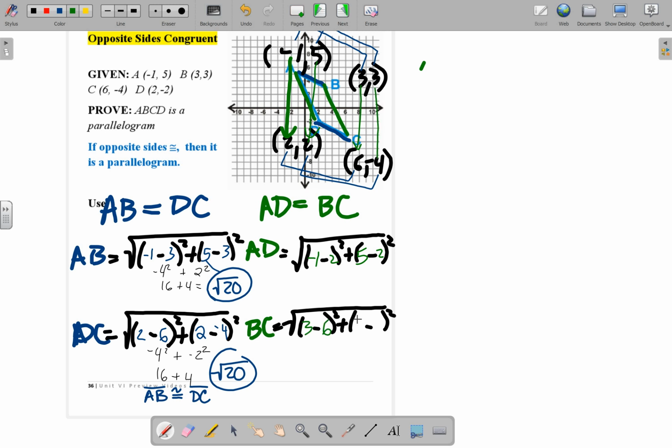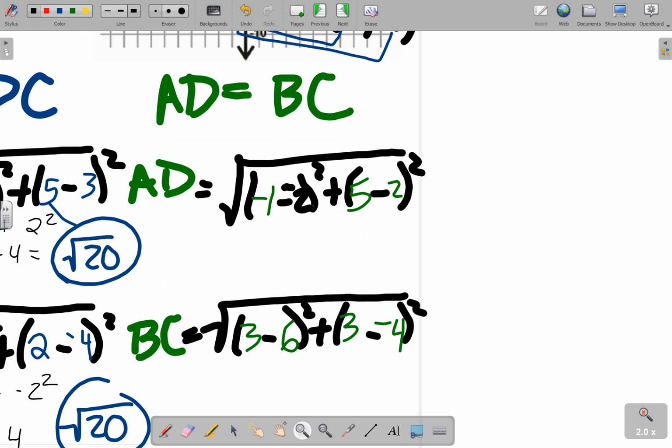I'm going top to bottom. And this 2 right here is negative. That 2 right there is negative. Excuse me, that one's negative. This one's positive.